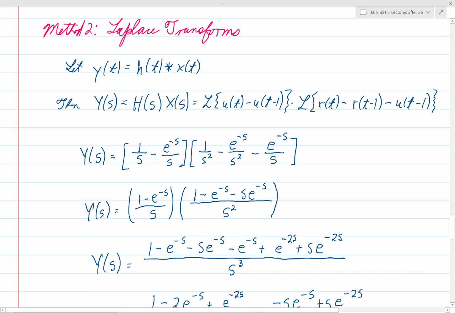But you may not agree. But certainly there are some problems where the Laplace transform method is easier than the graphical technique. So I think that's a matter of personal choice.